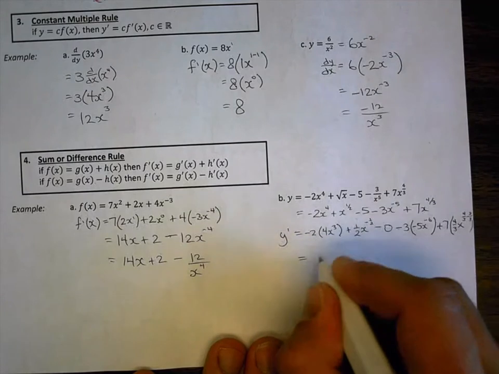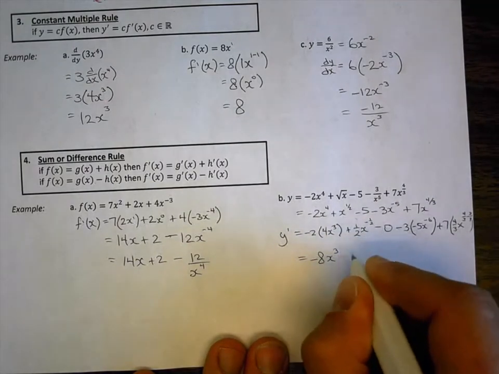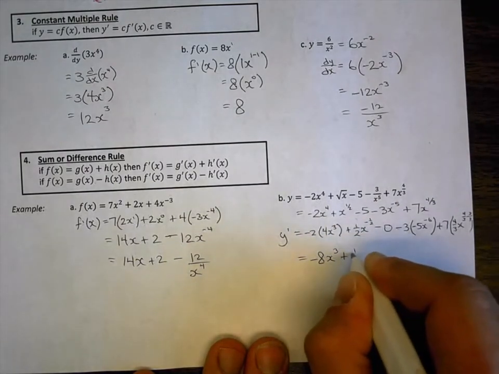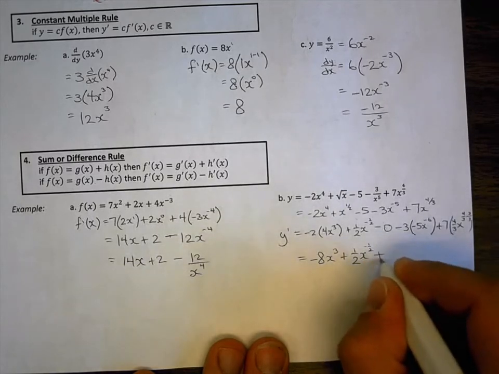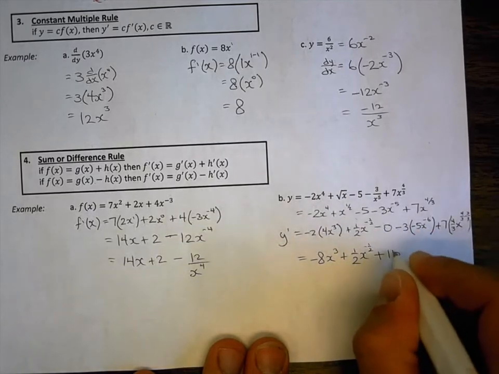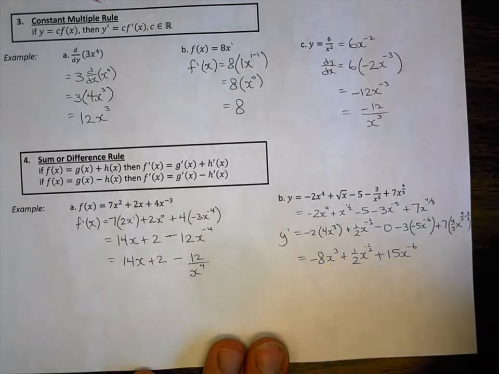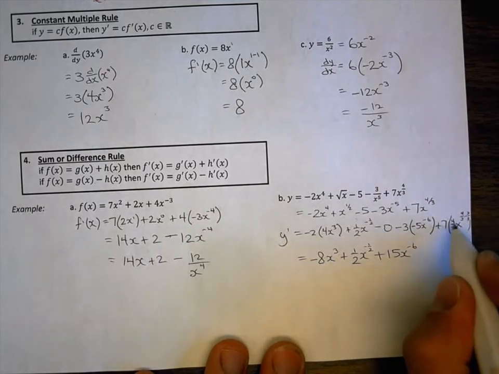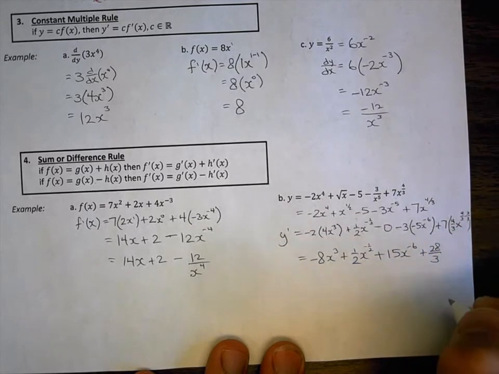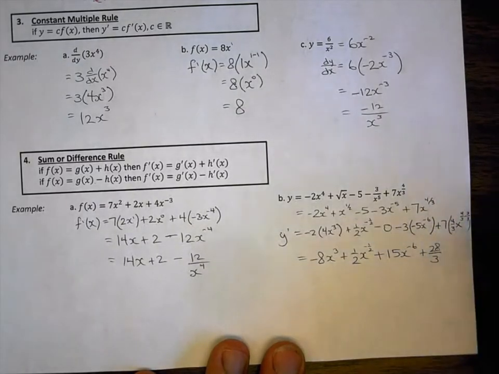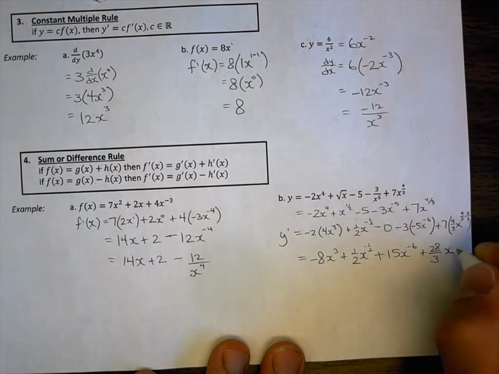So this is going to become negative 8x to the 3 plus half x to the negative half plus, negative times negative is plus 15x to the negative 6. 7 times 4 gives me 28 over 3. Hope you remember how to multiply fractions like that. And this becomes x to the third.